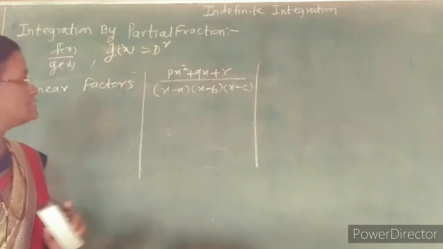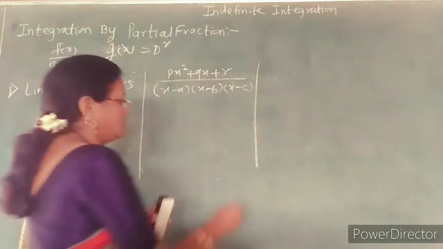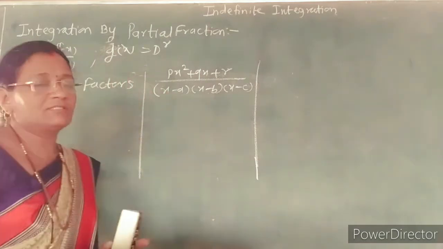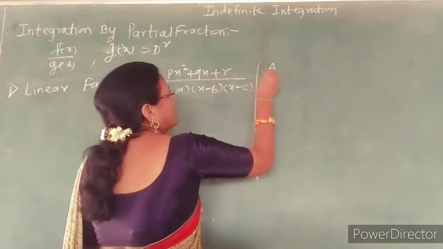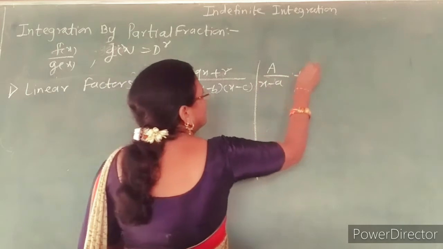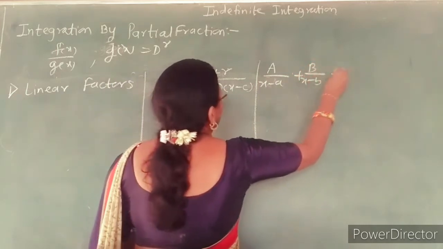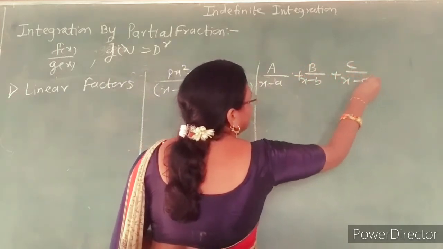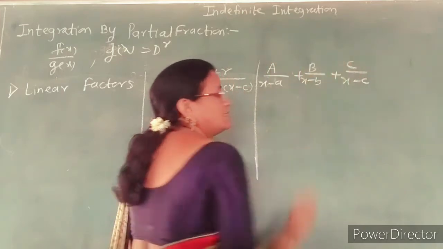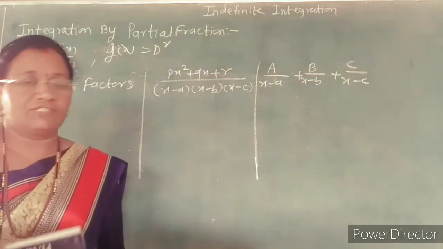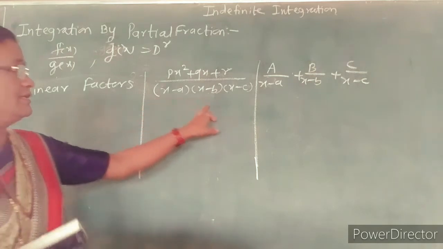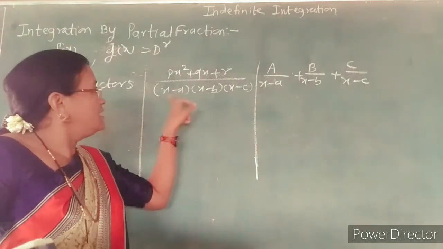Then how can we find the factors of this function? For this we take a upon x minus a, b upon x minus b, c upon x minus c. These a, b, c are called partial fractions, as the denominator contains a product of linear factors.